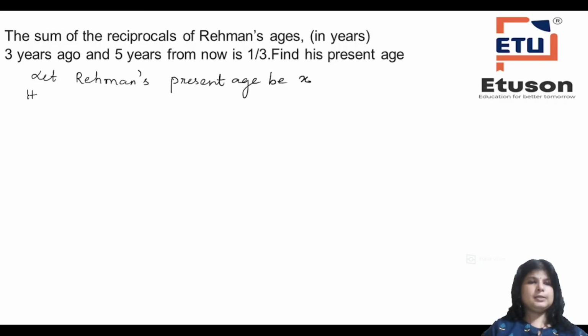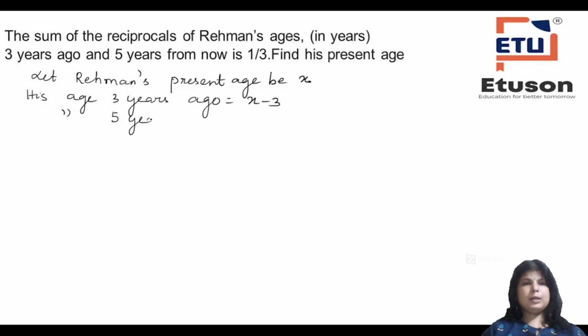Then his age 3 years ago was x minus 3. His age 5 years from now will be equal to x plus 5.